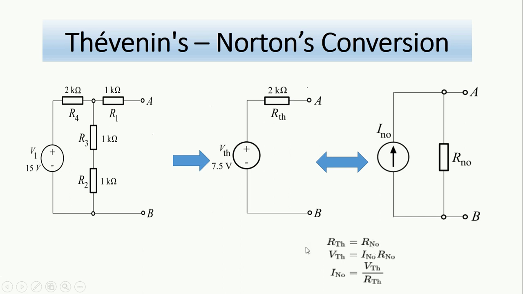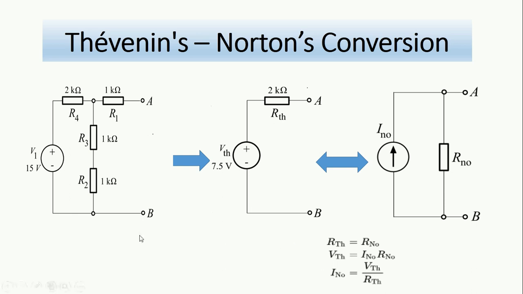So this sums up the basic information about Thevenin's theorem and Norton's theorem, and the conversion that can be done between these two theorems. Also, this conversion can be used as a checkup.